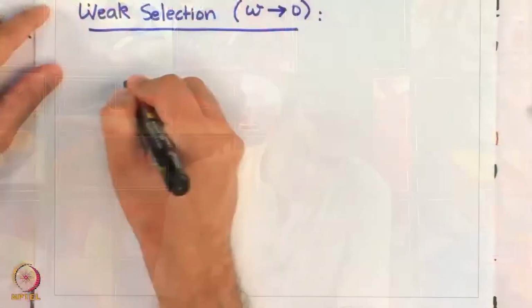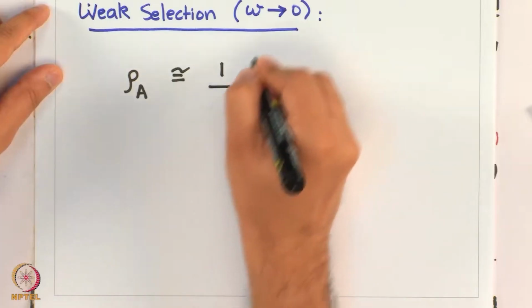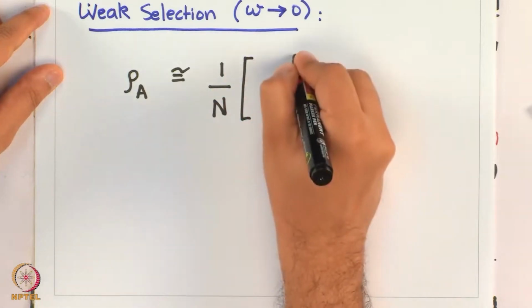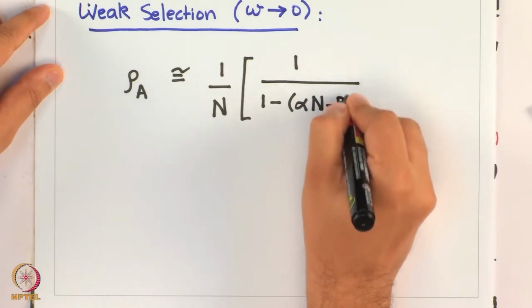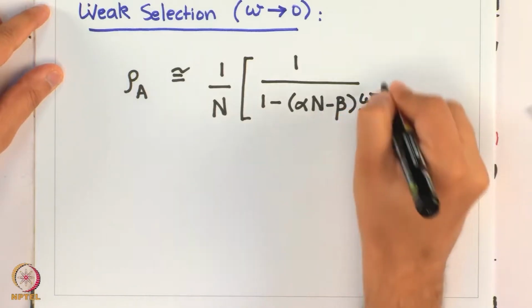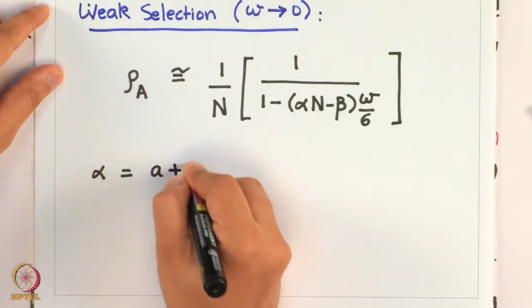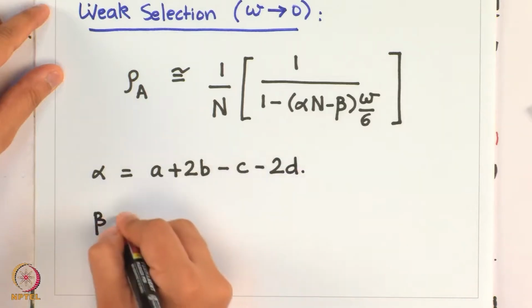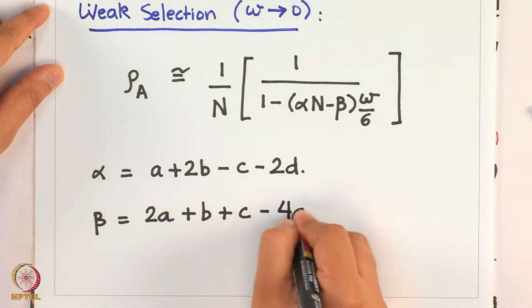It can be shown that this probability, called rho A, under the approximation that omega approaches 0, is equal to 1 by n times 1 minus alpha n minus beta times omega by 6, where alpha is equal to a plus 2b minus c minus 2d and beta is equal to 2a plus b plus c minus 4d.